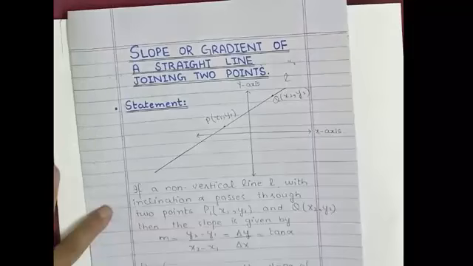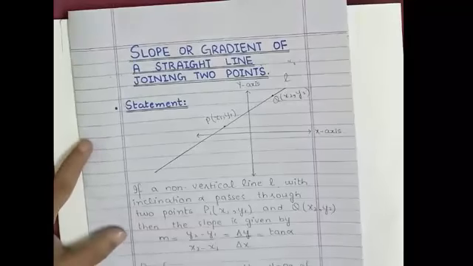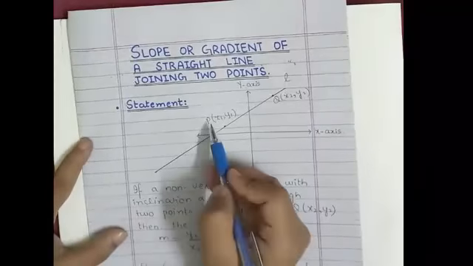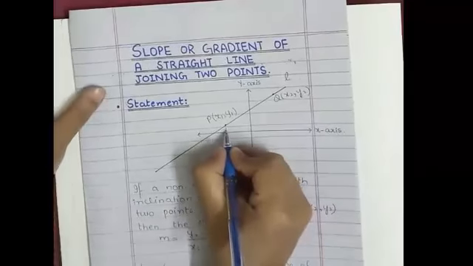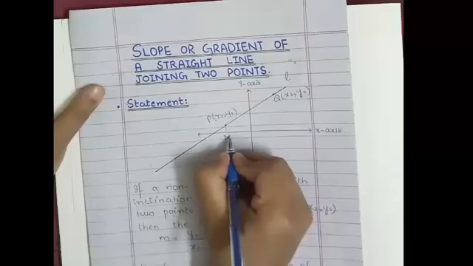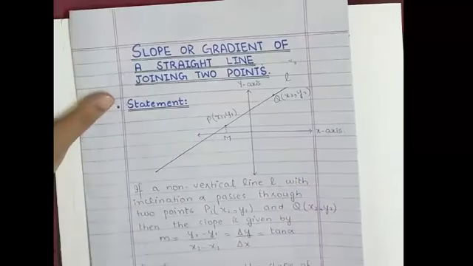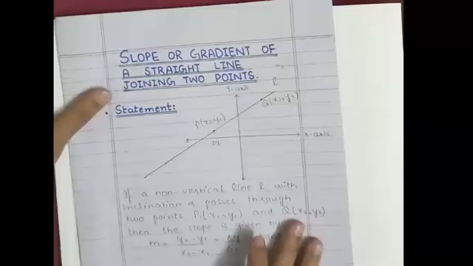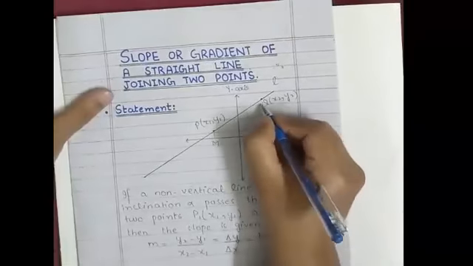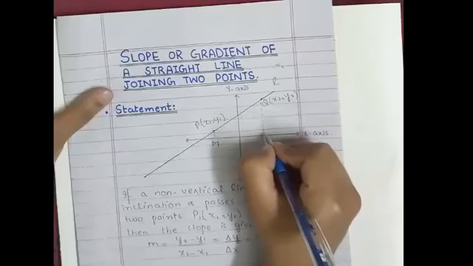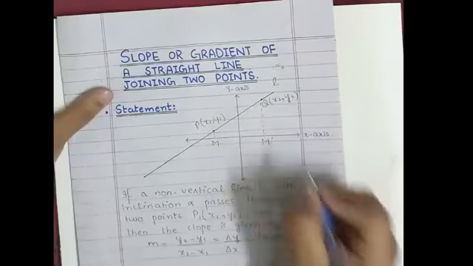This line L. And draw perpendicular PM. This is P. We will draw a perpendicular like this and mark this point as M. And QM dash. This is Q. Draw a perpendicular QM dash like this.